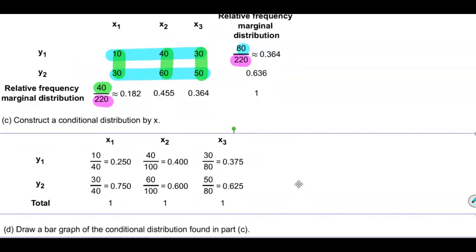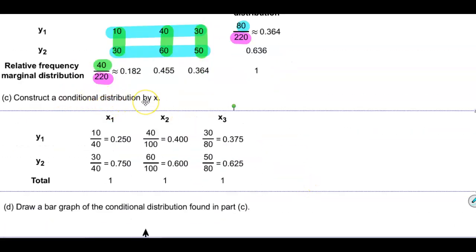For part C, we want to construct a conditional distribution by x. The conditional distribution lists the relative frequency of each category of a variable given a specific value of the other variable in the contingency table. So we take the value of 10, the element in the first row and first column, and divide by the column total, which is 40.